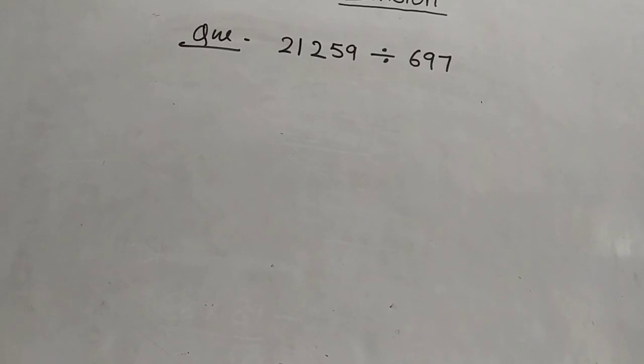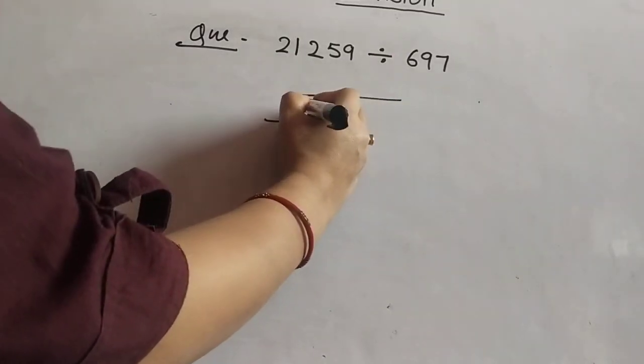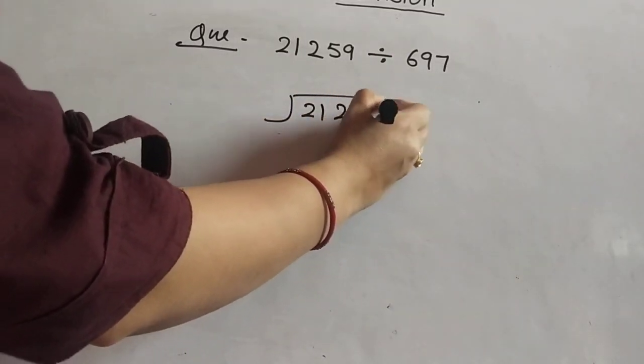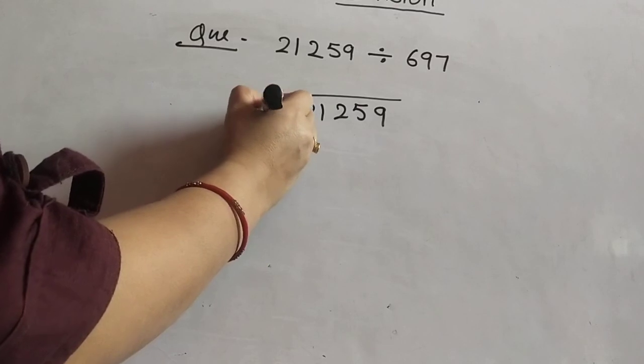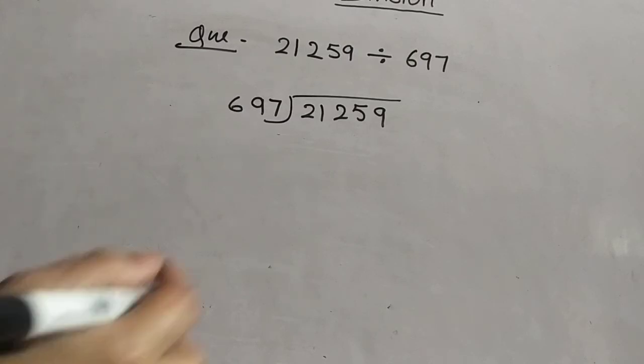Now the next example, 21,259 divided by 697. Now in this question, the divisor contains 3 digits, so we should consider 3 digits from the dividend, that are 212.